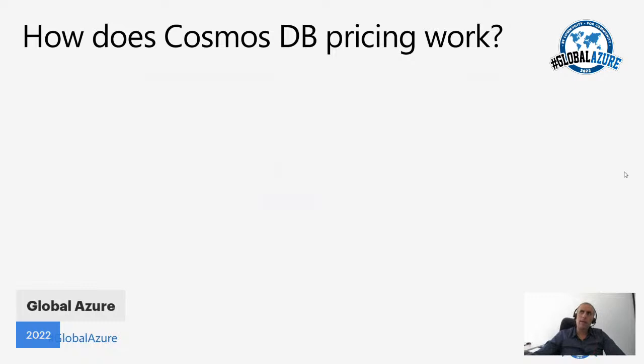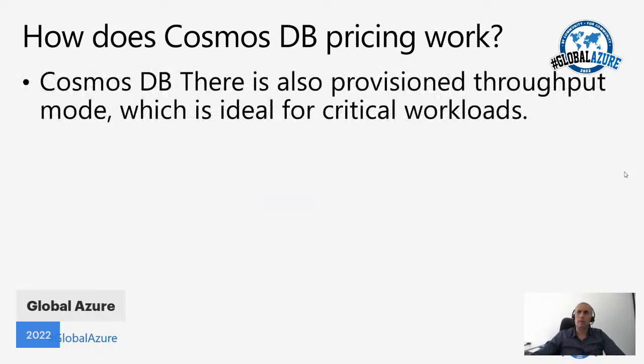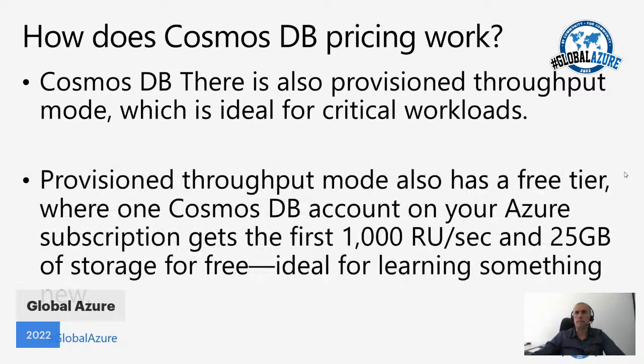How exactly does Cosmos DB pricing work? This is probably something good to know in a little more detail when we talk about Cosmos DB serverless. With provisioned throughput, as I mentioned, you reserve some specific resources for your account.